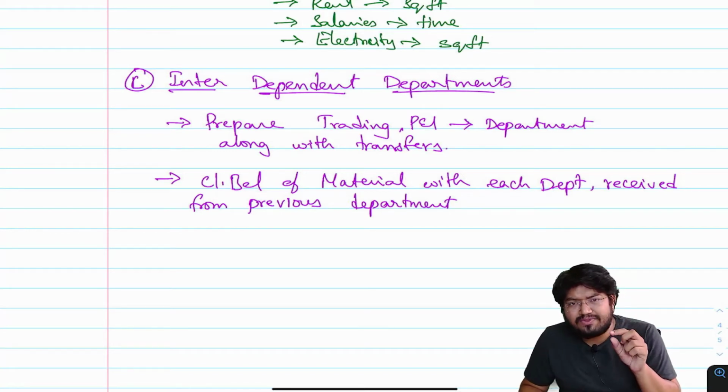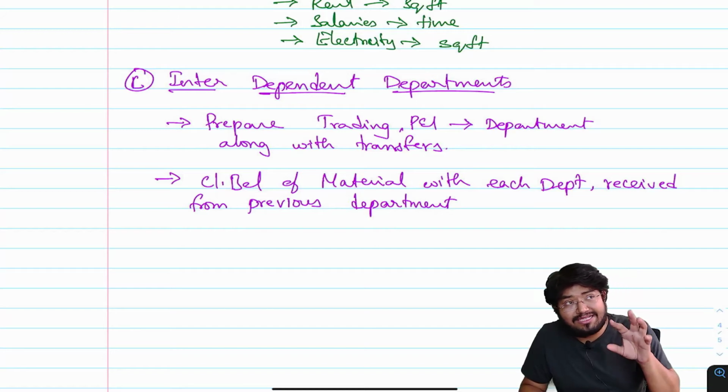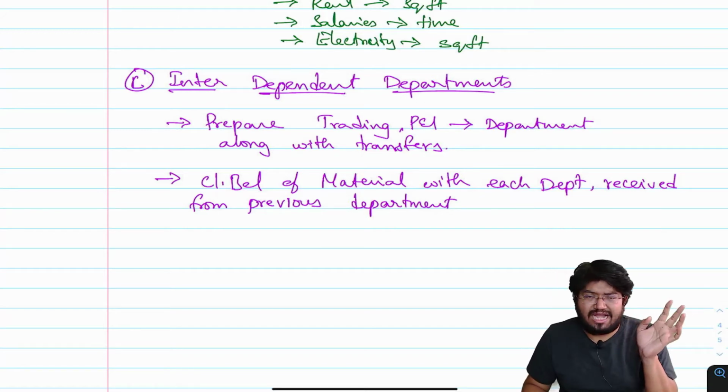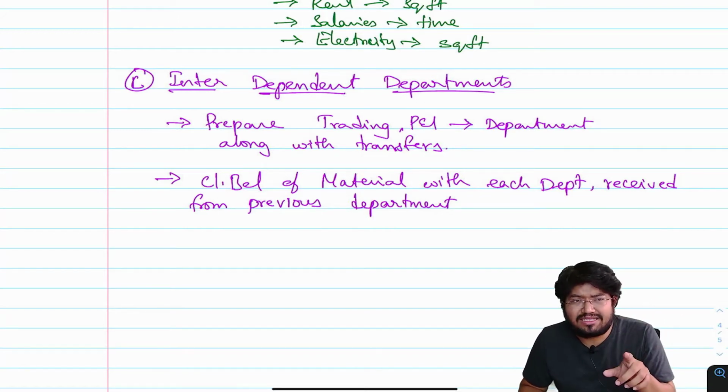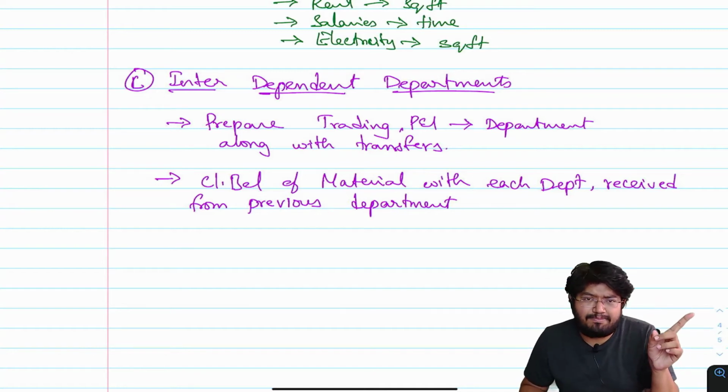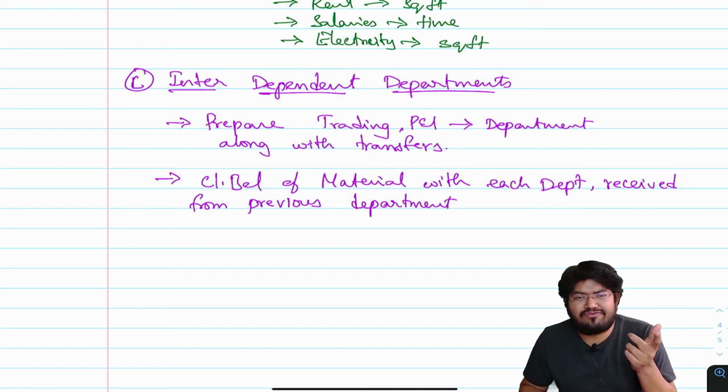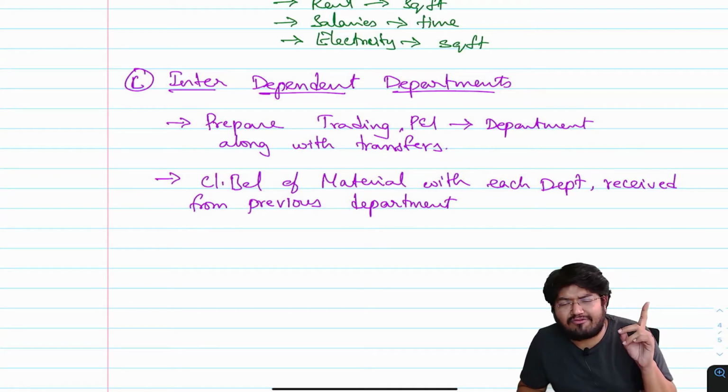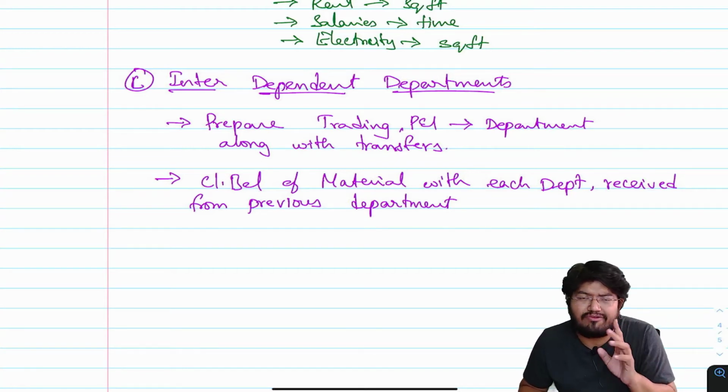Why? Because that markup, if it is to an outsider, it is fine. I am really making that profit. Otherwise, in the closing stock of my company, my closing stock is being shown at a market price which is not correct. Why? Because AS 2 requires you to show your inventory at either cost or NRV, whichever is lower. Now here what are you doing?